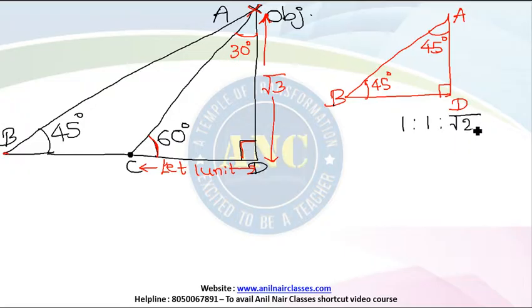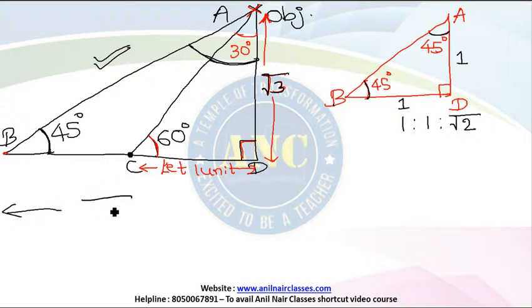That means opposite to 45, if I take it as 1, opposite to this other 45 should also be 1. But in this triangle, opposite to this 45, I already got root 3. That means opposite to this entire 45, I should get the entire value as root 3 here.